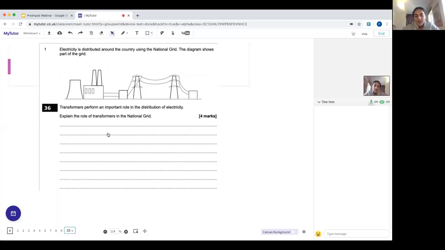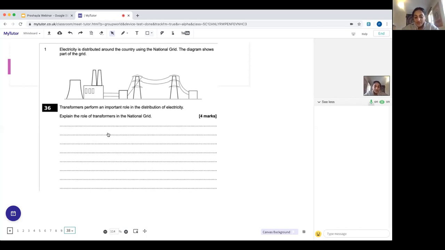So here we have a kind of diagram of the national grid, and it talks about transformers playing an important role in the distribution of electricity. So what is the role of transformers in the national grid? So it's a 4-mark question, so you need a lot of detail here.